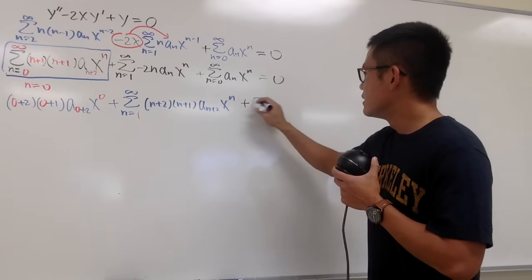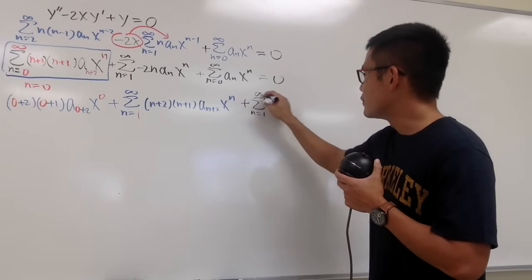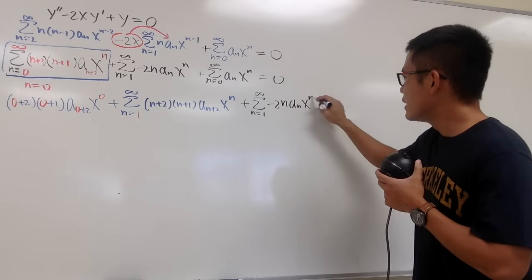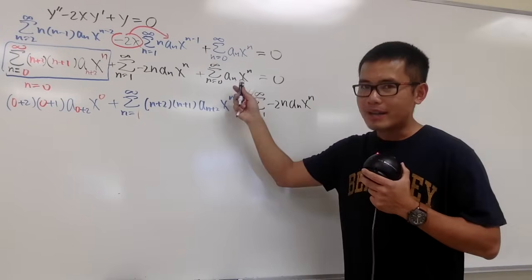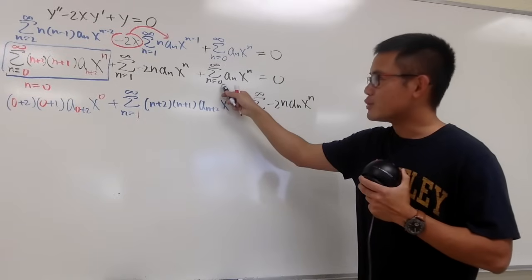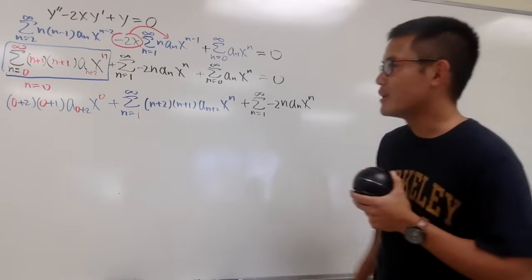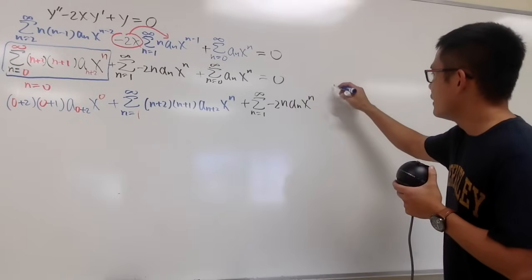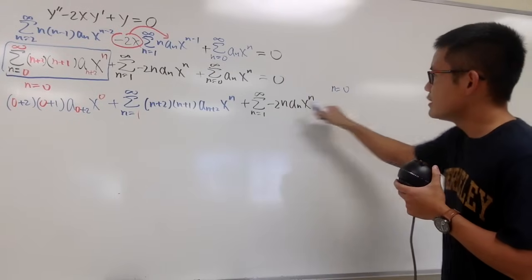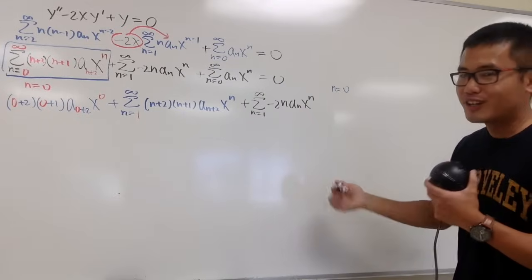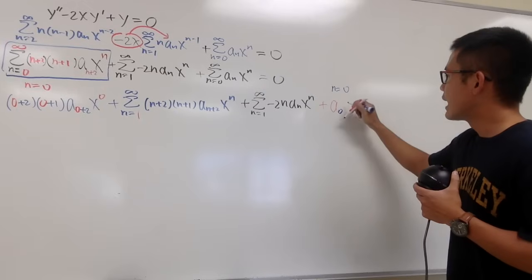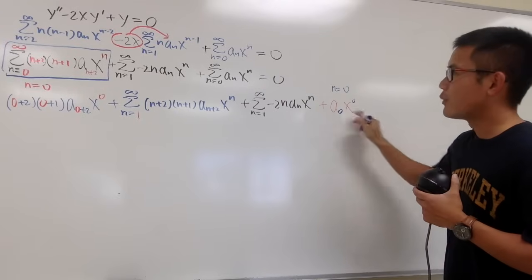We add the series when n starts with 1 to infinity, and the inside is negative 2n, a n, x to the n's power. And for this last one, as you can see, n starts with 0. That's no good, but we can fix that. When n is equal to 0, we plug in 0 into this n and that n, and that would be the first term. So we have plus a0 times x to the 0 power.